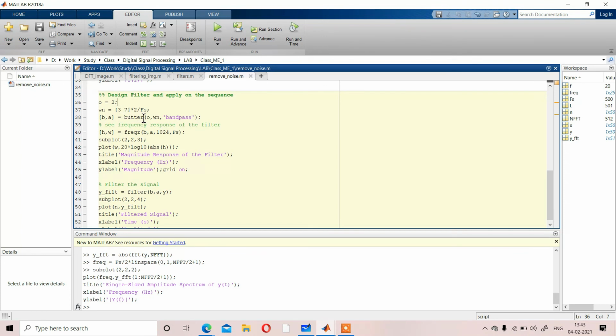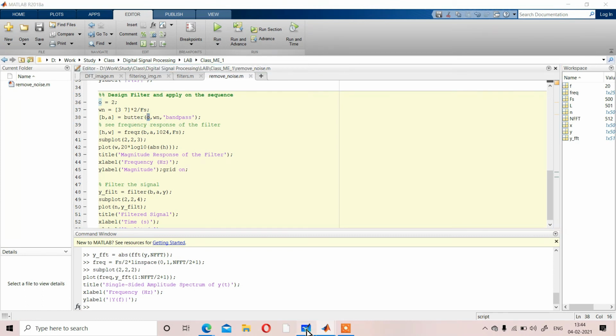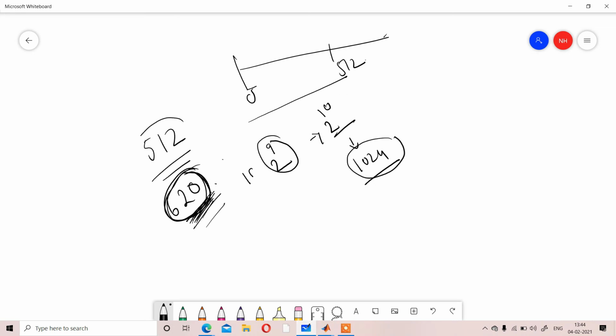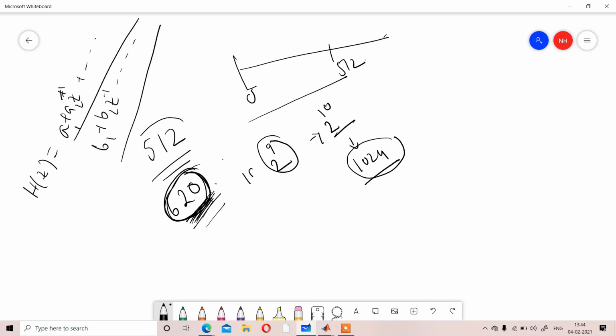B, A equals butter, with the order, omega n, and band pass. B and A define the coefficients of the Butterworth filter, because whenever you design a filter the coefficients will be like that. If H(z) is a filter, then the filter is A0 plus A1 Z inverse plus A2 Z inverse squared and so on, over B0 plus B1 Z inverse plus B2 Z inverse and so on.